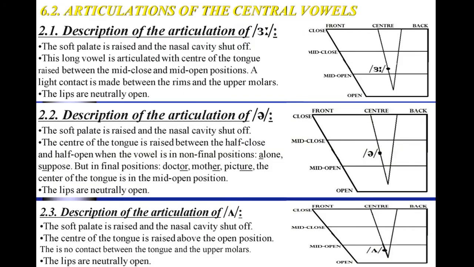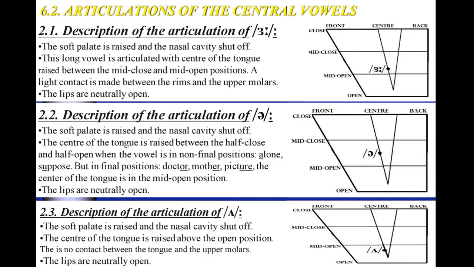Central vowels now. The articulation of the long schwa. The soft palate is raised and the nasal cavity is shut off. You can notice that the nasal cavity is, until this moment, shut off. It is always shut off, except with the nasal sounds.